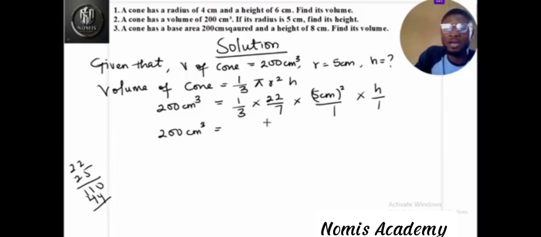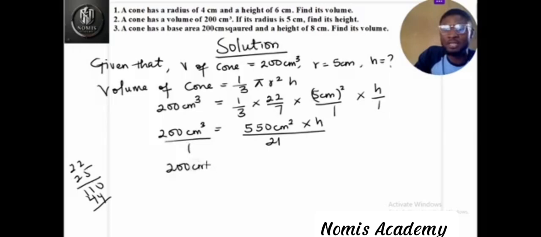So what I have here is 550 centimeter squared multiplied by height all over 3 times 7 is 21. So from here I can cross multiply, right? So if I cross multiply, I should have 200 centimeter cube multiplied 21 is equal to 550 centimeters squared multiplied by height.